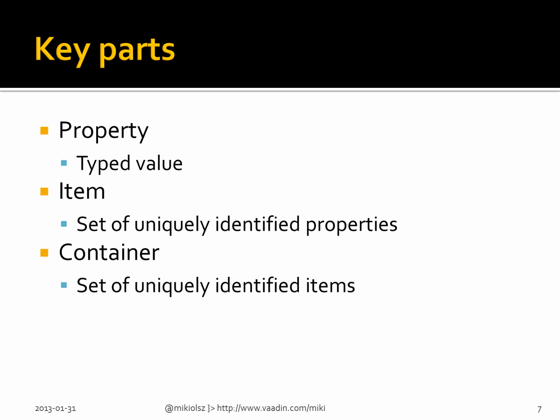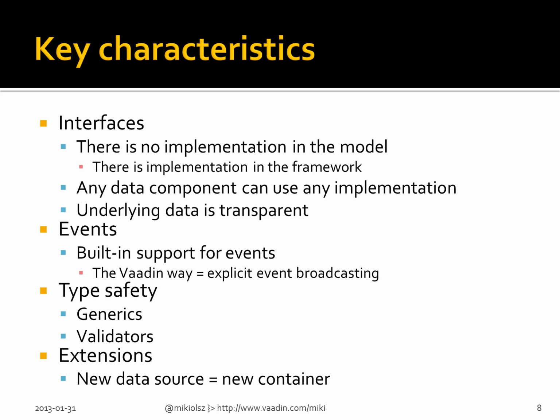And then we have container, which contains items that are similarly identified, so they have an ID through which we can access them. The key characteristics of Vaadin Data Model is that these are all interfaces. So there is interface property, there is interface item, and interface container. And the model itself doesn't contain any implementation. Of course, the framework contains reference implementation so that you can actually use the model.